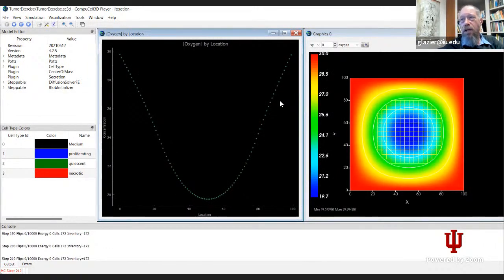Now the shape doesn't look that different, but you'll notice that there's a difference now between, well, maybe not quite 10, 25 to 19, a difference of 5 between the boundary and the surface center. So you've increased that gradient a lot.